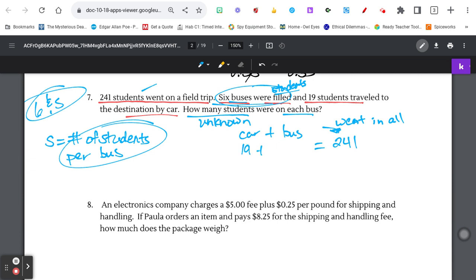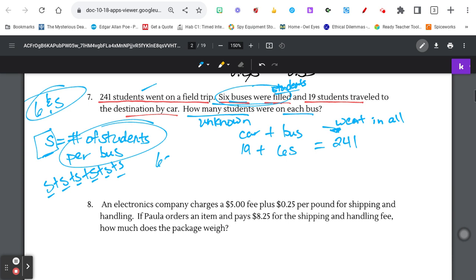Well, 19 went by car, and then there was S students on each bus, but there was 6 of them. So there was S plus S plus S. That's that many students. But instead of saying this many students on bus 1, bus 2, bus 3, 4, 5, or 6, I could just say there were 6S children on all 6 buses.